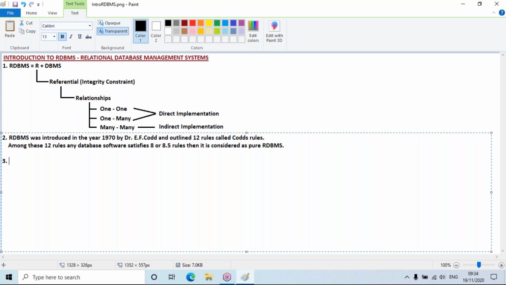Okay, that is the second point. Now, coming to the third rule that we study: RDBMS always presents data in two-dimensional format.